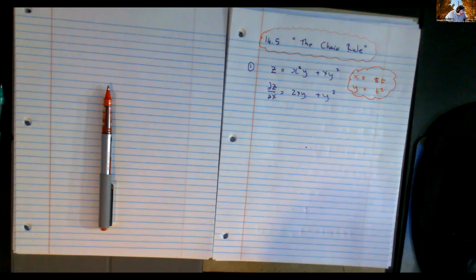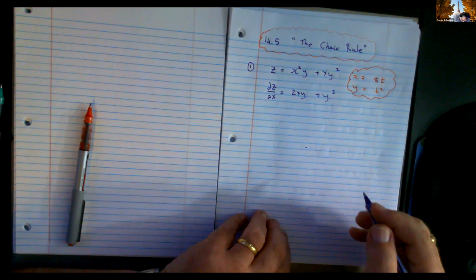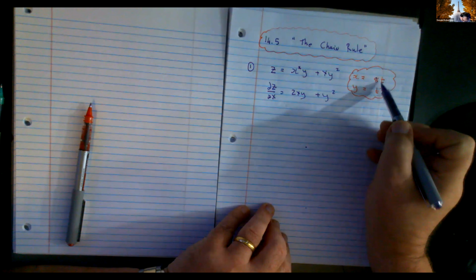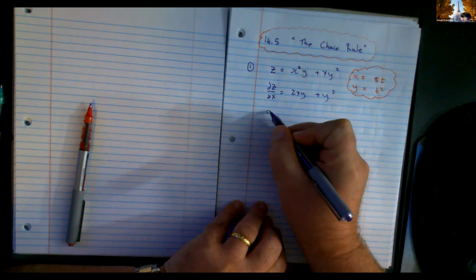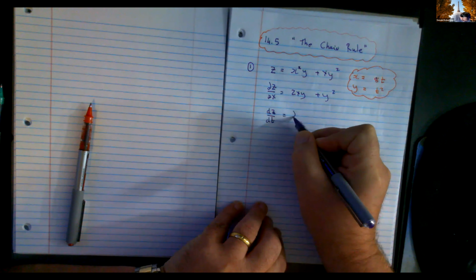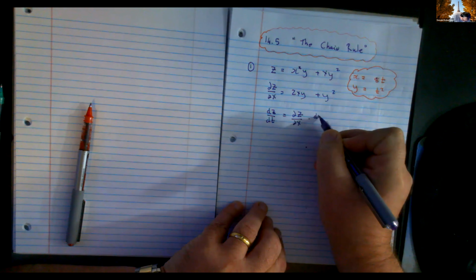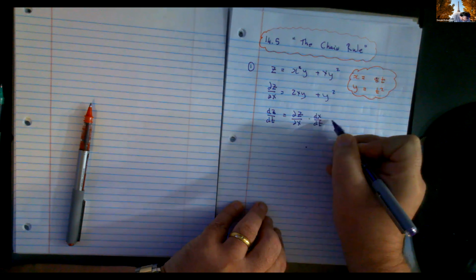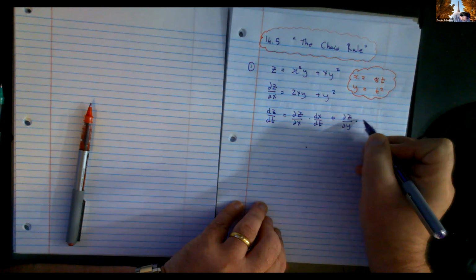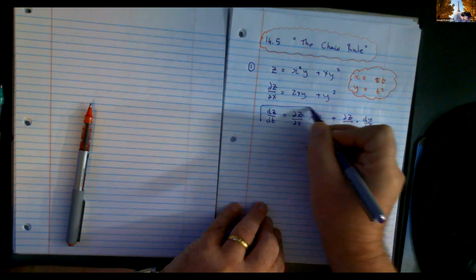And what you are typically going to be asked to find in these chain rule situations is the derivative of z with respect to t. And there is a formula for it. The derivative of z with respect to t is the partial derivative of z with respect to x times the derivative of x with respect to t plus the partial derivative of z with respect to y times dy by dt. And this is called the chain rule formula for one variable.